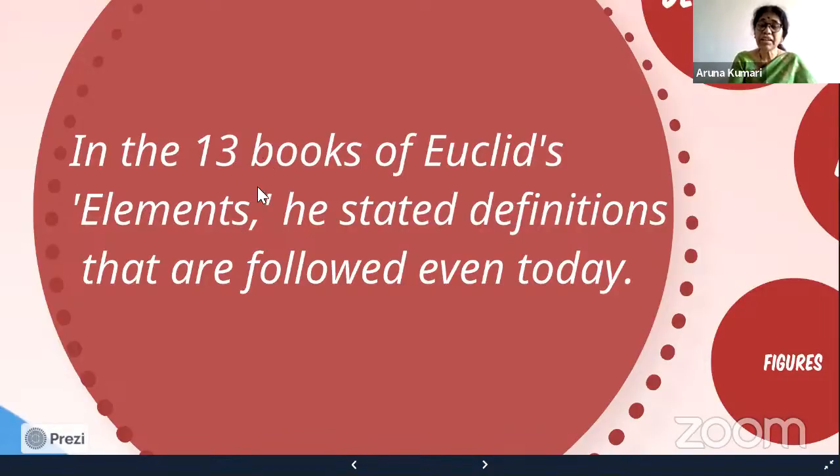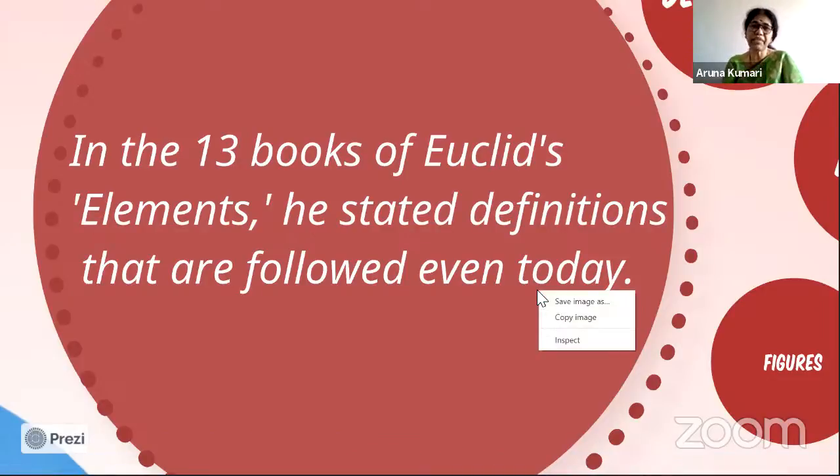In those books, he stated definitions that are followed even today. He gave about 990 definitions in that book. In this chapter, we will learn only some definitions.